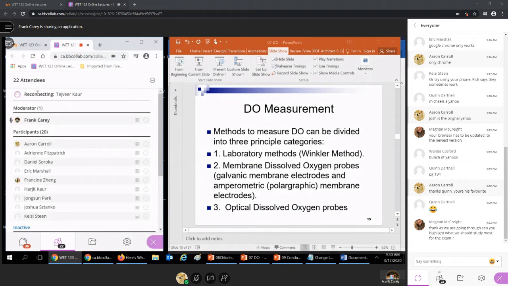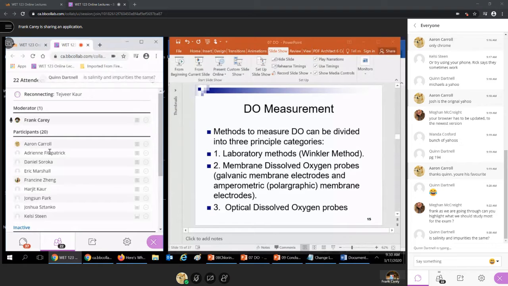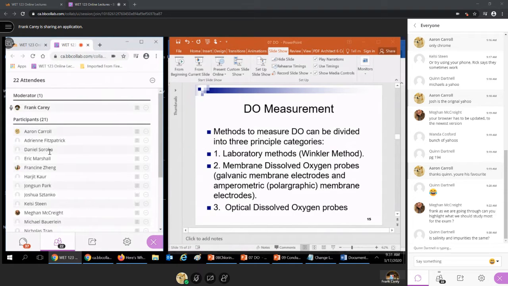All right, that's enough with DO. I'll leave it up to Dave and biology and chem to teach the rest. But for the instruments, there are basically three methods that are widely used to measure DO. First one is laboratory methods, for instance, the Winkler method.